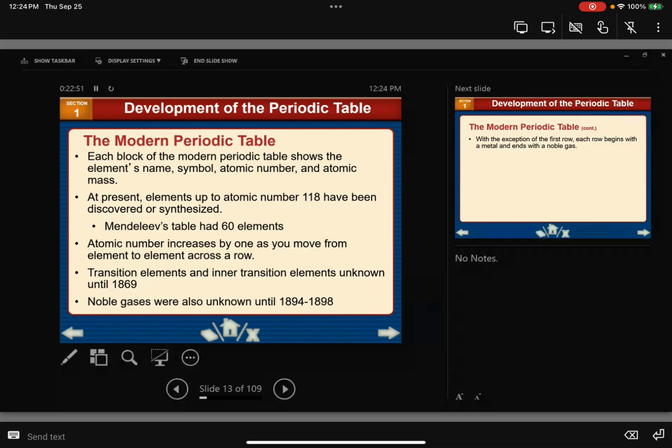And the reason for those being unknown for a period of time is because they're unreactive elements. So their outer energy level, which we'll talk more about, is completely full of electrons, making them stable elements, meaning they don't want to react with other elements. So if you don't find them in a compound with something else, then it's really hard to find them. I mean, they've been discovered since then, obviously, but.